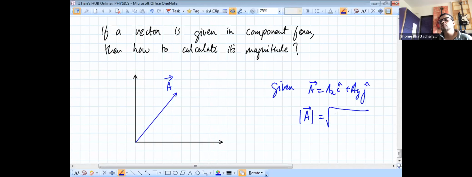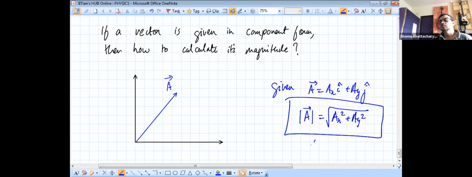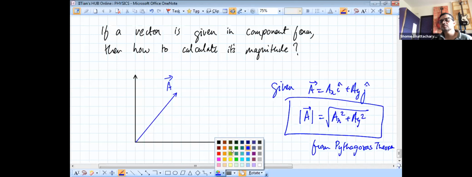It will become root of ax square plus ay square. And this will come by Pythagoras theorem. This is from Pythagoras theorem. Because you can see that in this diagram, you have dropped a perpendicular here.